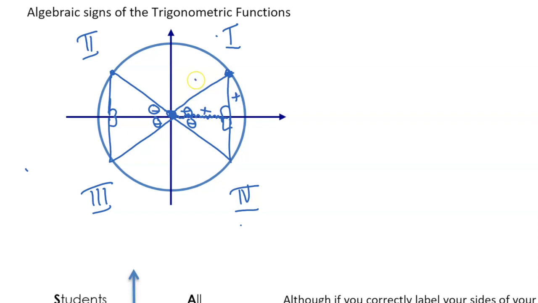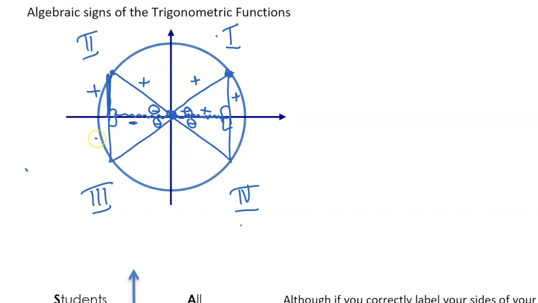And the hypotenuse, the radius, is always going to be positive because that represents the distance. In quadrant 2, if I'm going to the left, so now I'm heading into negative x territory, that's going to be a negative. My y value is still going to be positive, and like we said, the hypotenuse or the radius will always end up being positive.